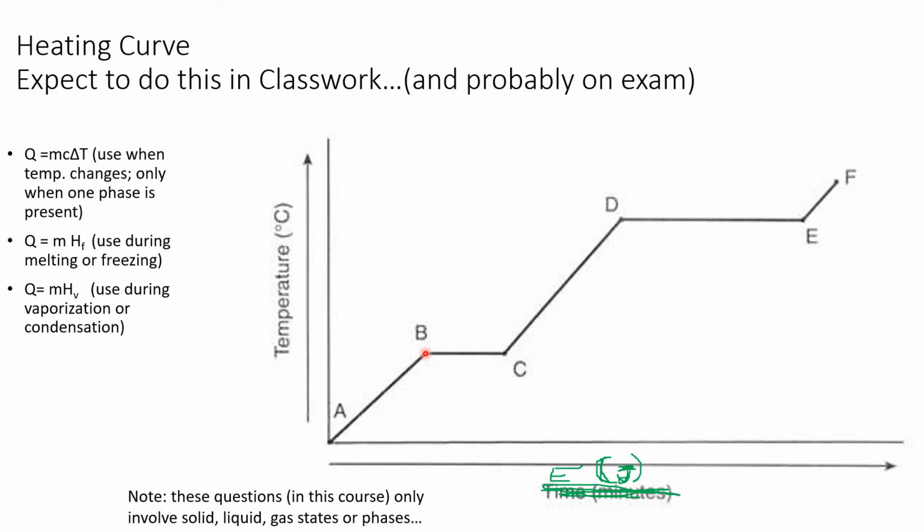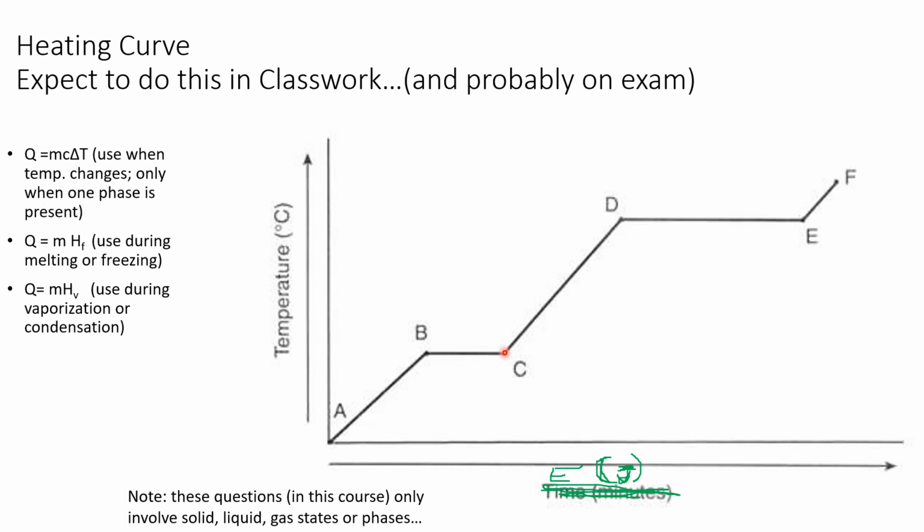At 1 atmosphere, 0°C is the melting temperature for H2O. So we continue to add thermal energy, but our temperature stays at 0°C, stays at 0°C, until all of our solid H2O has changed to liquid H2O, still at 0°C.